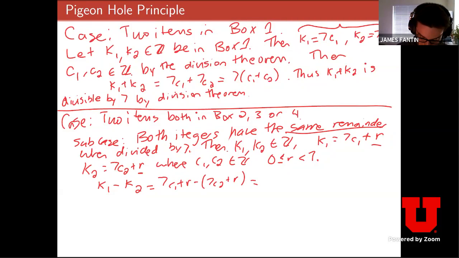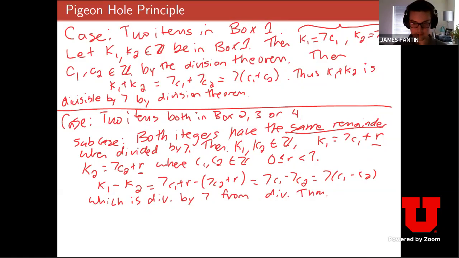The r's cancel, and we get 7c1 minus 7c2, or 7 times c1 minus c2. And this is divisible by 7 from the division theorem. So no matter which two items we picked in box 2, 3, or 4, if they had the same remainder when divided by 7, then the difference is divisible by 7.